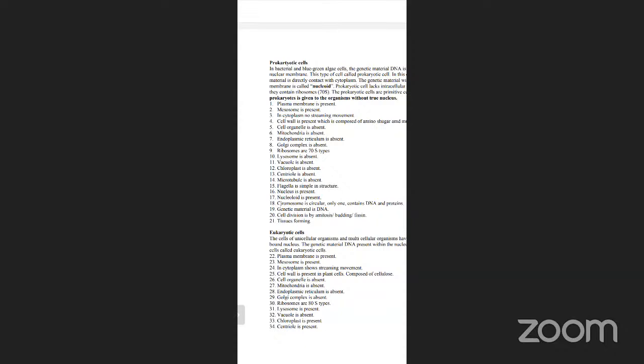Then the remaining differences: 70S ribosomes are found in prokaryotic cells, and 80S ribosomes are found in eukaryotic cells.